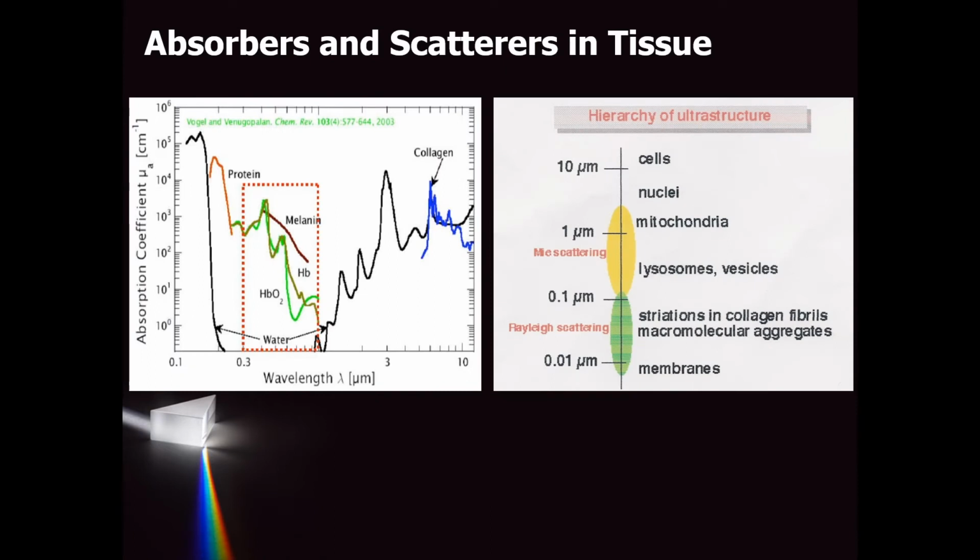So here is an absorption spectrum of all things found inside the tissue. This can be an animal or a human tissue. As you can see in this graph, the black line here is water.